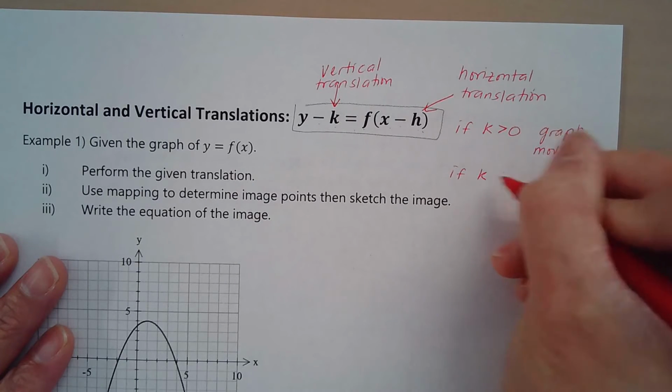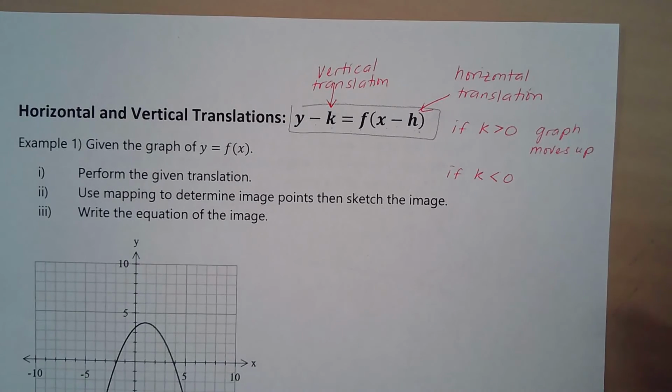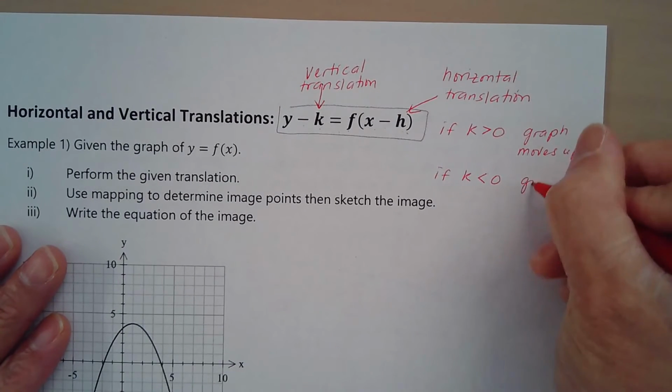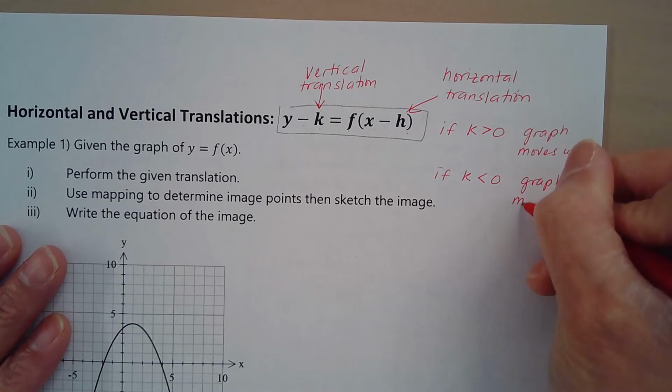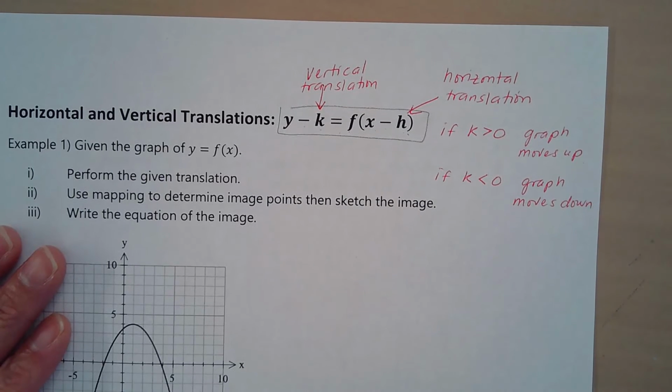If k is less than 0, so if k is negative, graph moves down.